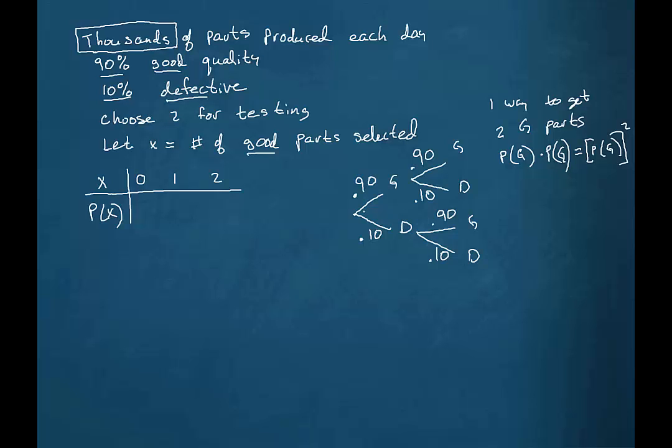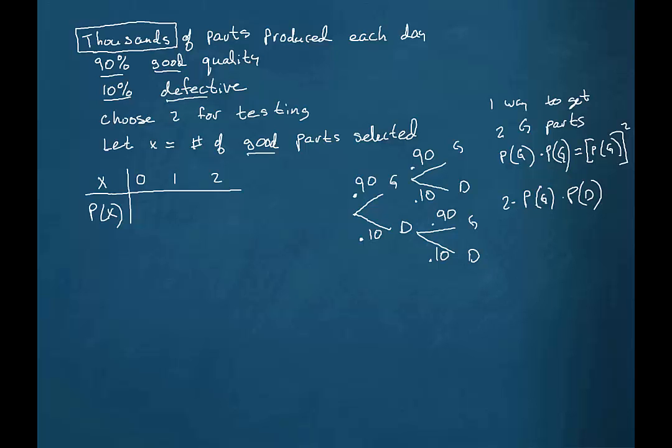There would be 2 ways to get 1 good one. I could get a good one and a defective one, or a defective one and a good one. And what I realize is that with these 2 ways, I can really write this as 2 times the probability of a good one times the probability of a defective one.